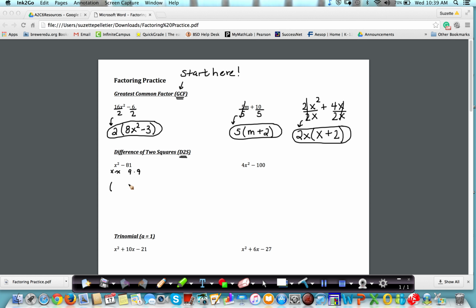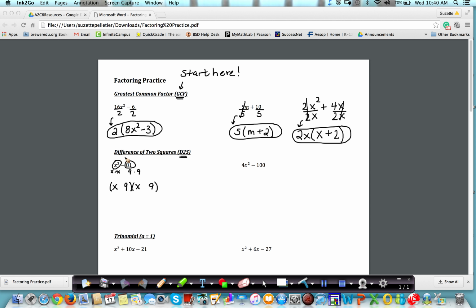And how you break it down, if you remember, is that when you are FOILing, the first term comes from multiplying the first 2 things together. So x times x. The last term, the constant term, comes from multiplying the 2 last things together, 9 times 9.